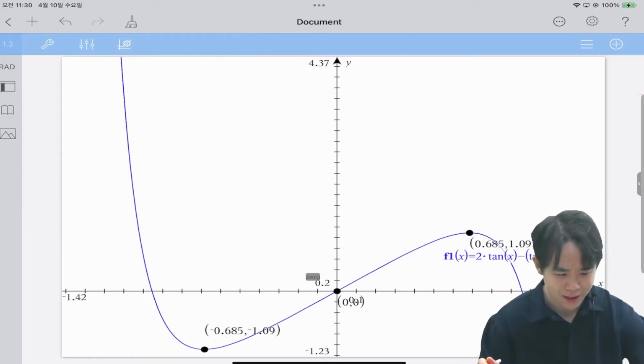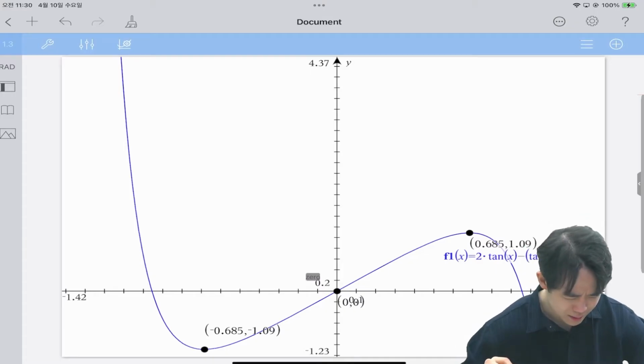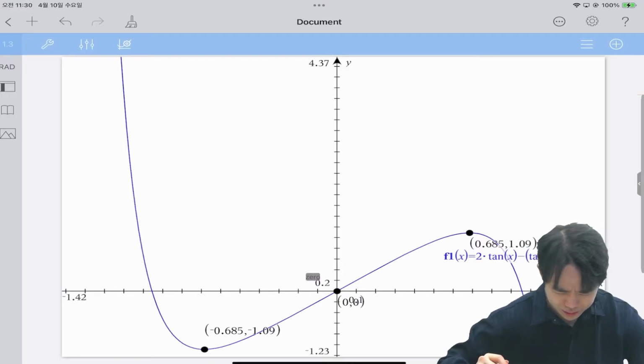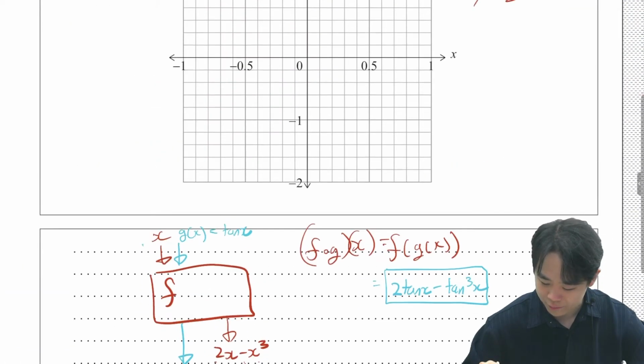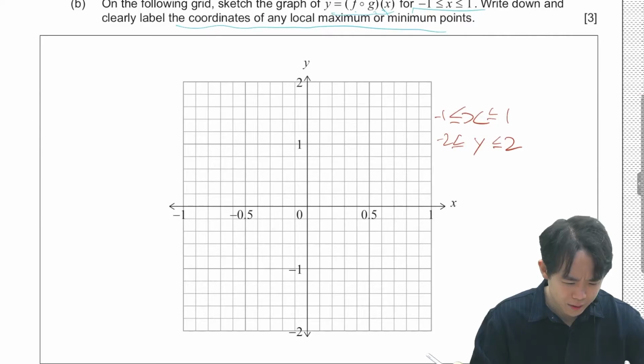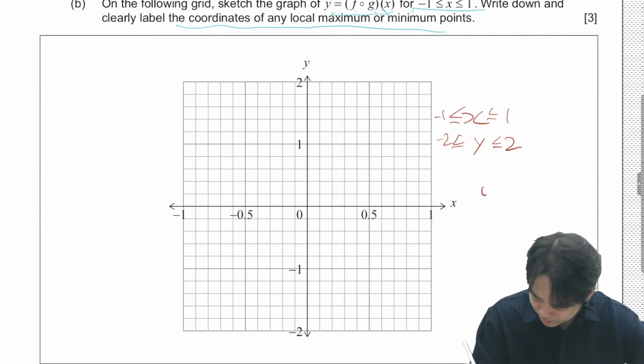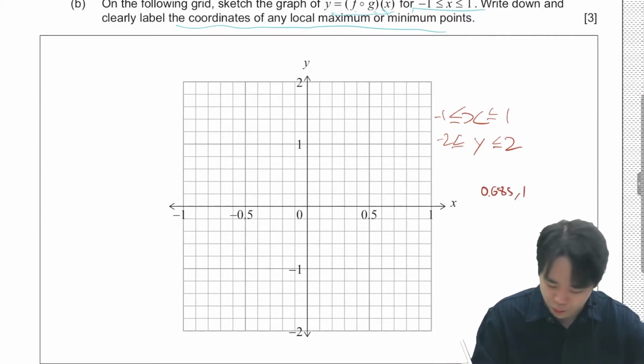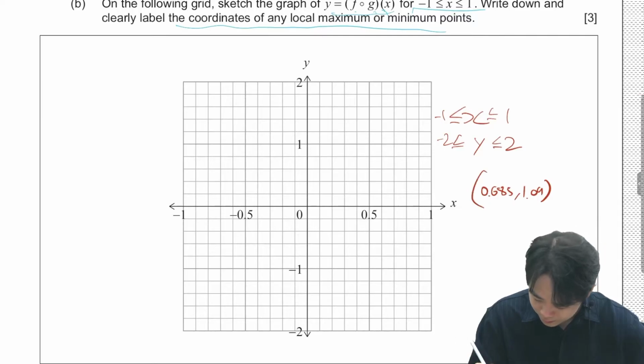Right? So when it comes to sketching this graph, we want to make sure to include any and all details, right? So we figured that it passes through 0.685, 1.09. So that's somewhere around here and somewhere around here, right?